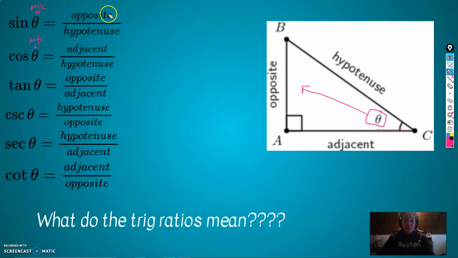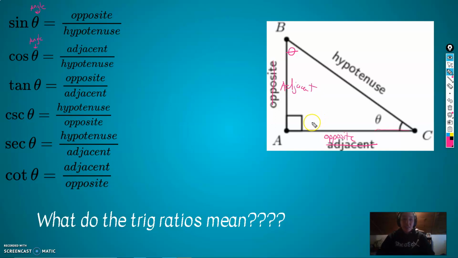The opposite side and the adjacent side could change depending on what angle we are referencing. Right now, in this particular diagram, with this being theta, that's the opposite side, and that's the adjacent side. But things can quickly change if I say theta is over here, which would make this side now the opposite side, and this side the adjacent side.